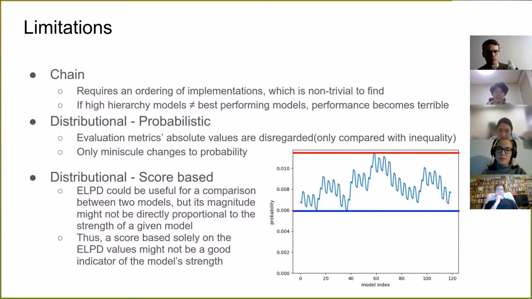Because ELPD is estimated, there's some uncertainty and variation. For example, if we add additional covariates, but that covariate is completely irrelevant, it is still possible that just by chance it looks like it helps.